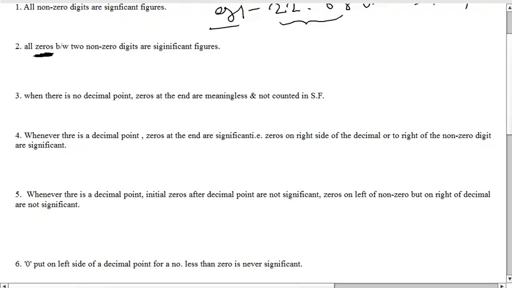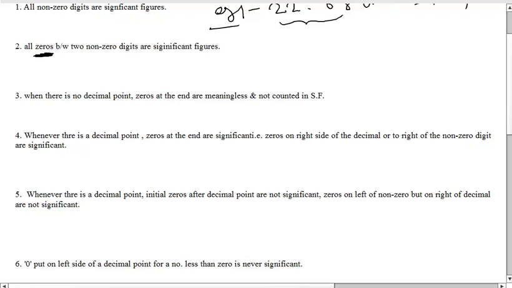If we face any zero between two non-zero digits, then this zero will always be a significant figure. These two things, the zero and the decimal point, cause most of the trouble. So all zeros between two non-zero digits are significant figures, irrespective of the position of the decimal point.